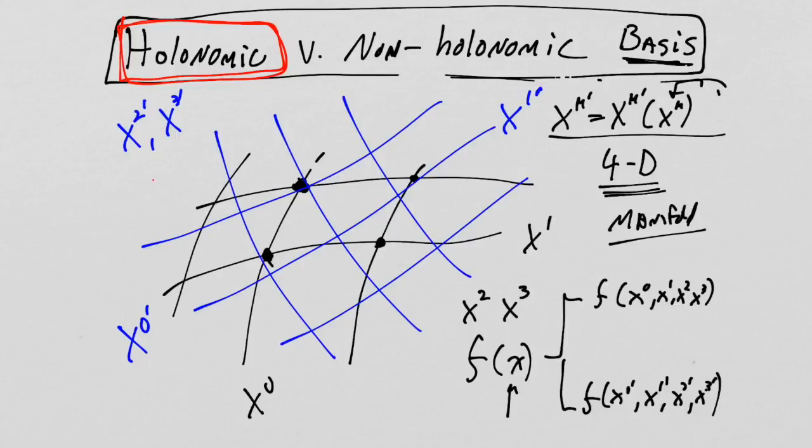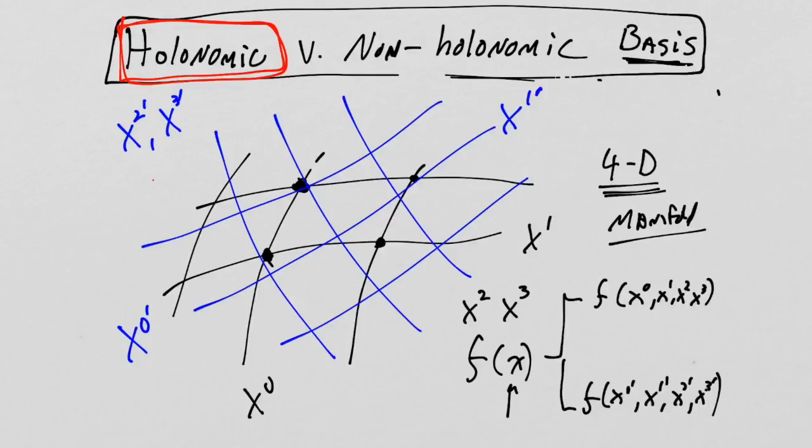So I know these transformation functions and their inverses. Like I also know x mu as a function of x mu prime, right? I know all of that stuff. Anyway, with those transformation functions that I just erased, you can take any function on the spacetime and turn it into a function of the new coordinates or the old coordinates.